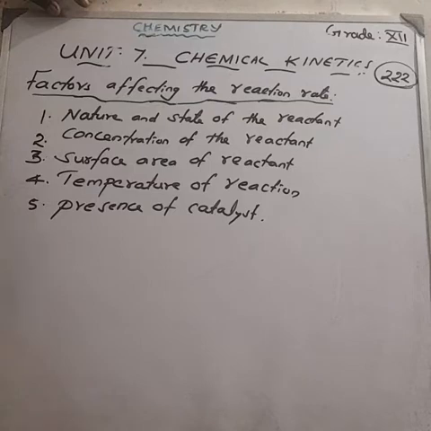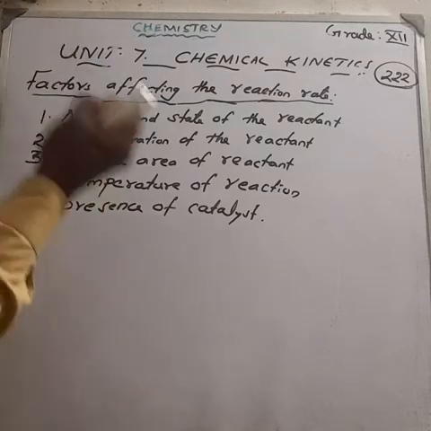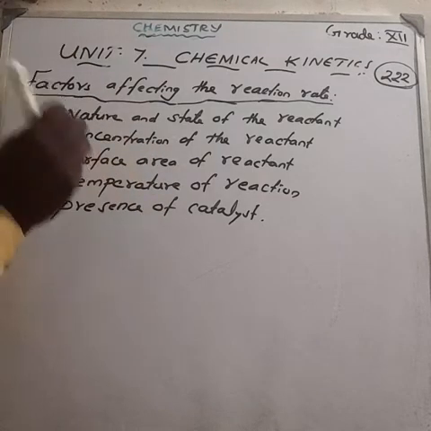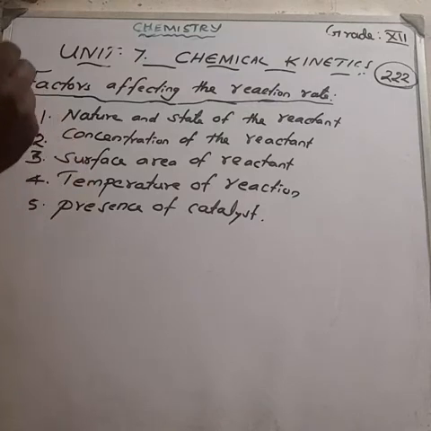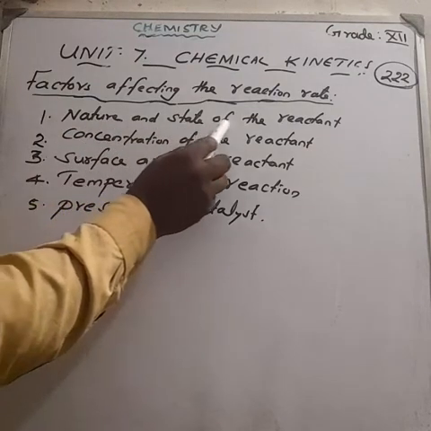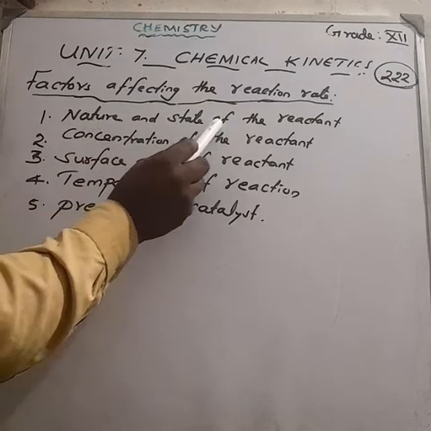After that, the last topic is the factors affecting the rate of the reaction. Sometimes the question may be asked for 2 marks: what are the factors affecting the reaction rate? It may be 5 types. Number 1, nature and state of the reactant.